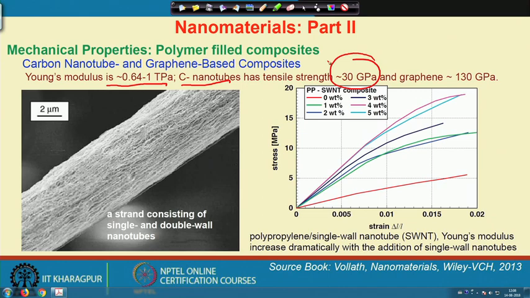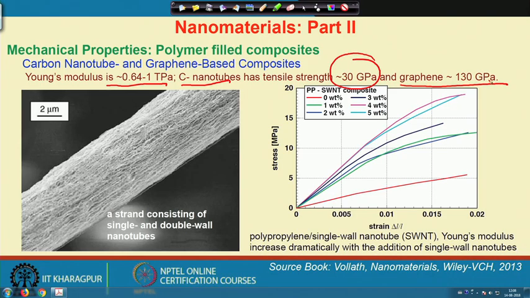This is like 60 or 100 times higher strength than any conventional metal alloys. This is an excessive strength that can be achieved. Also, in the case of graphene, it is something like 130 gigapascal.